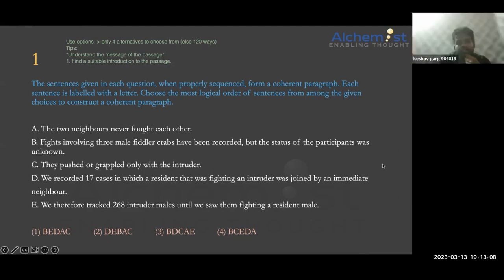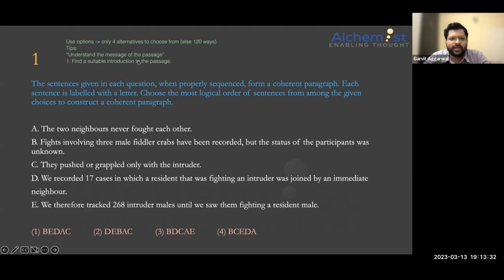The neighbors. Neighbors, but who are the people involved? Fiddler crabs हैं, neighbors हैं, resident है, कुछ males हैं, resident intruder में males हैं, and so on. ठीक है? किसी के घर में कोई किसी से आके लड़ाई कर रहा है. Can I say this is the idea overall?